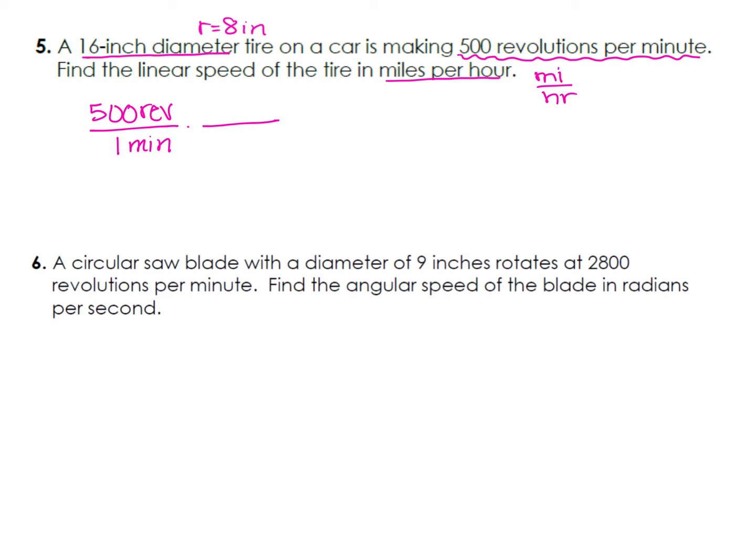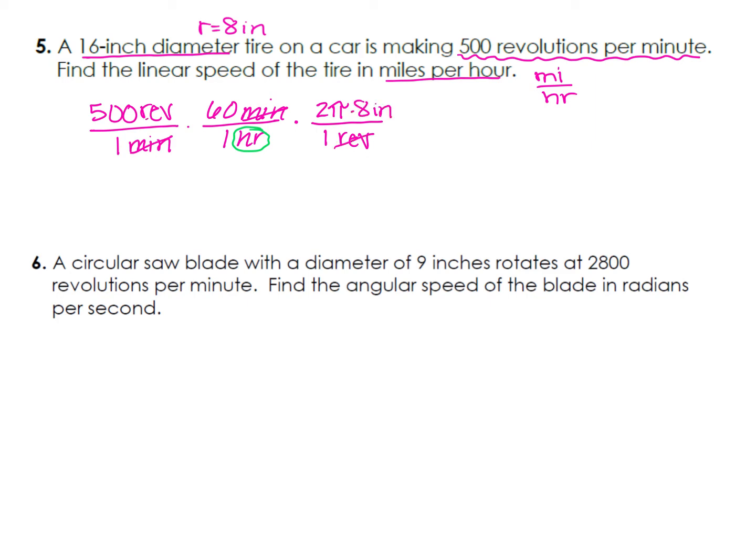It does not matter which of those we tackle first. So if we look at time first, I need minutes in the numerator to cancel. And what I know is there are 60 minutes in 1 hour. So now we are in per hour. Continuing, if we want to get revolutions into miles, we can use our circumference to say that 1 revolution is 2 pi r, 2 pi times 8 inches.